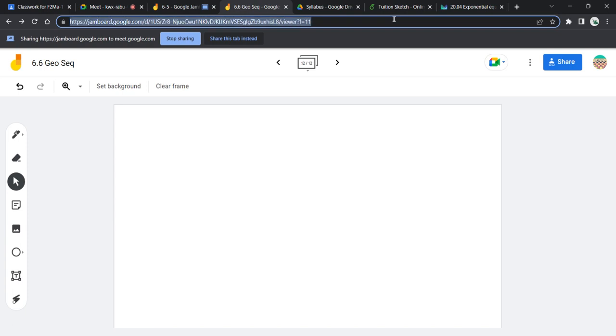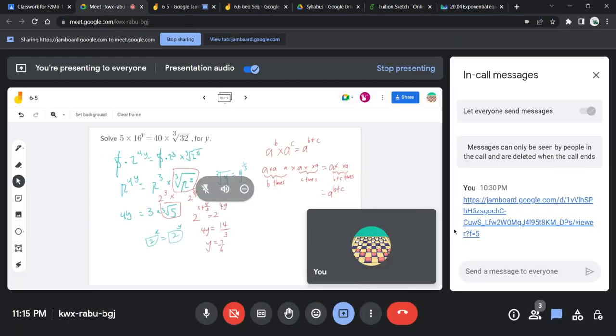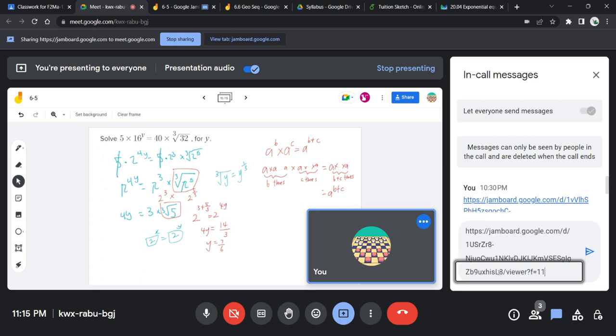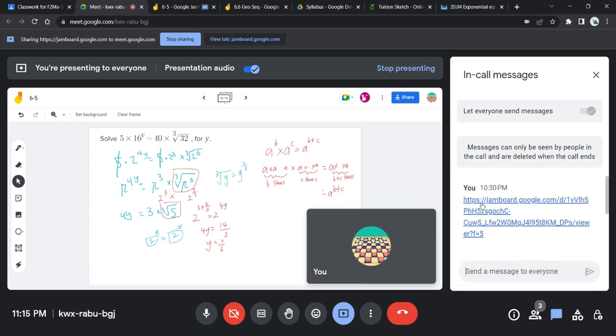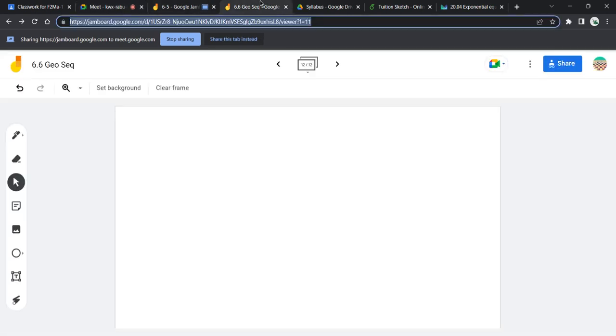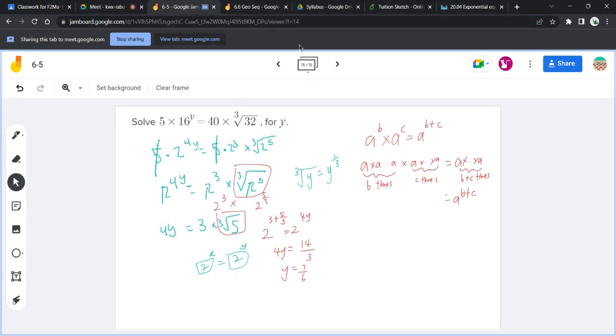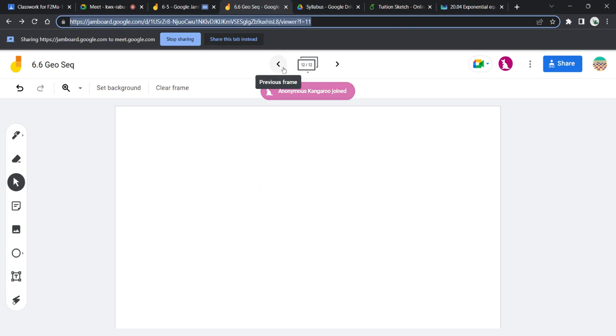So not sure, has the school discussed the geometric sequence? Okay, so I will give an intro.